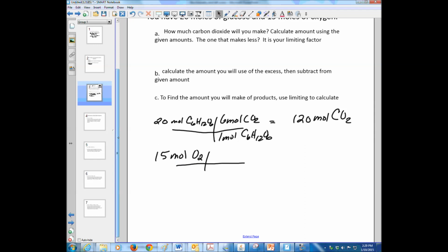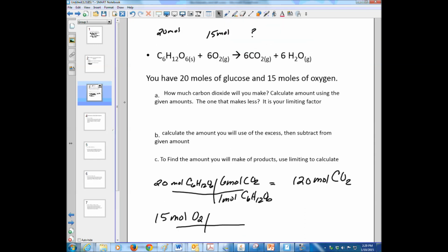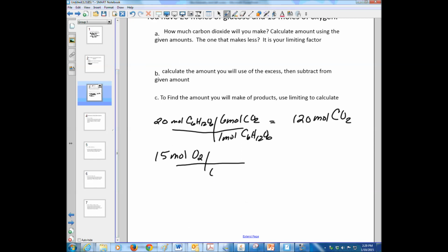And our ratio of oxygen to carbon dioxide is 6:6. 6 moles of oxygen to every 6 moles of CO2. So 15 moles of CO2 are all we're going to make. Okay? What's smaller? The oxygen, or the carbon dioxide made from 15 moles of oxygen. So this is our limiting factor right here.